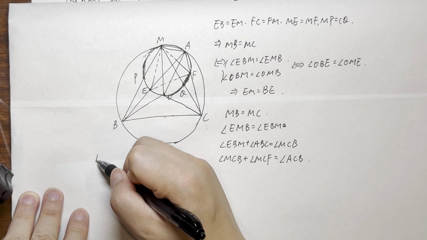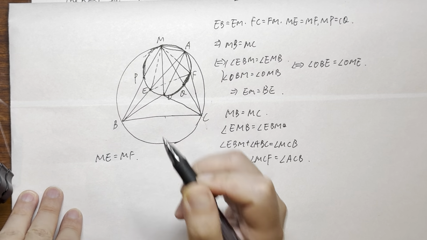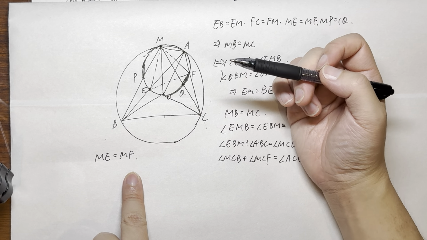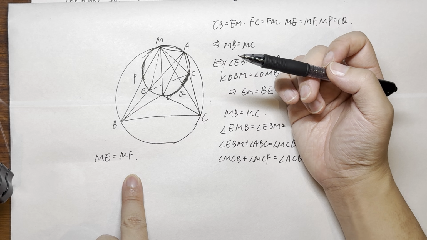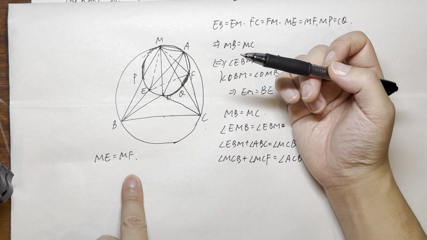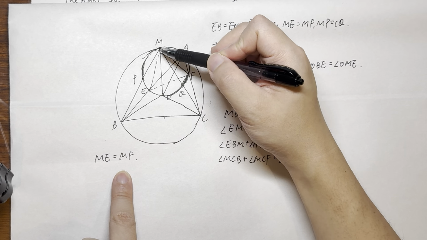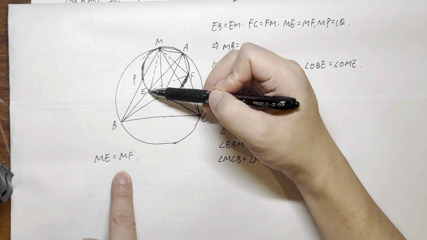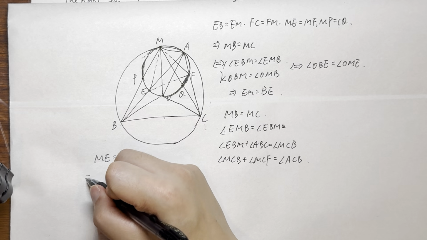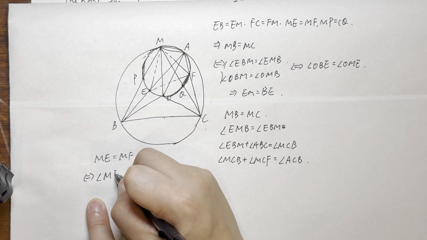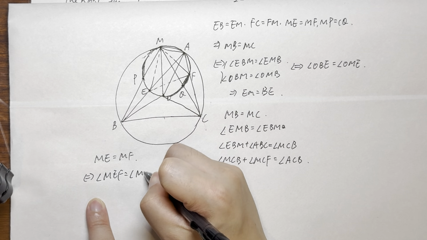So we want to prove ME equals MF. We can prove angle MEF equals angle MFE, right?